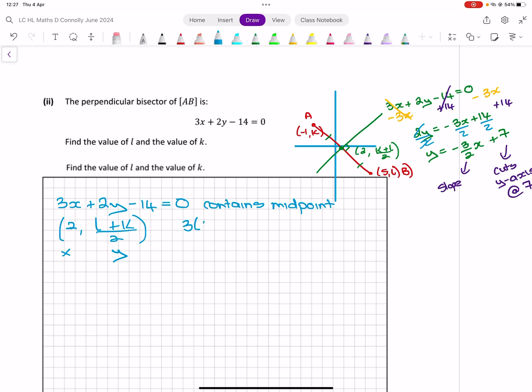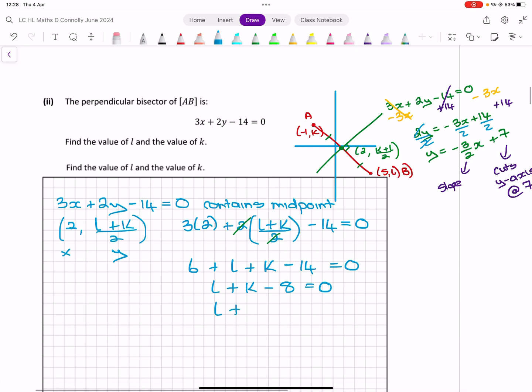So it's 3 times 2 plus 2 times L plus K over 2 minus 14 equals 0. They'll cancel, and I have 6 plus L plus K minus 14 equals 0. L plus K minus 8 equals 0. And then just bring that 8 over, so it's L plus K equals 8.